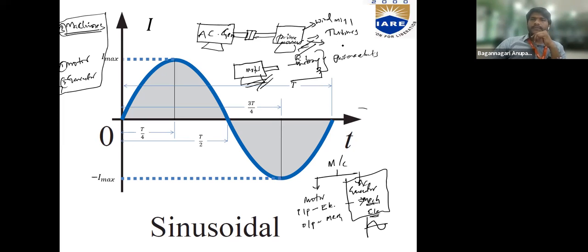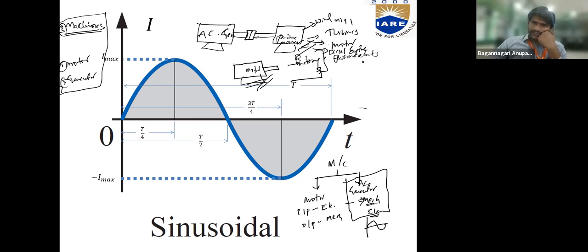You can even use a motor as a prime mover for the generator, no issues. Wherever there is no scope for using a diesel engine, a wind turbine or a steam turbine, I can use any simple AC or DC motor as the input prime mover.